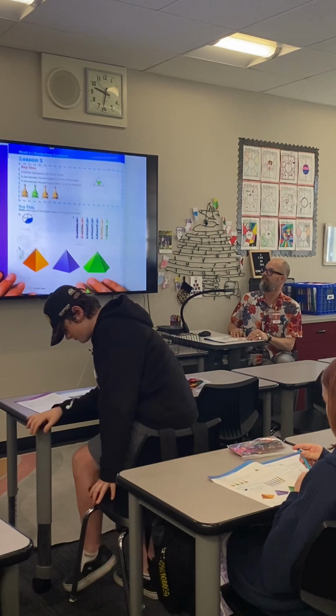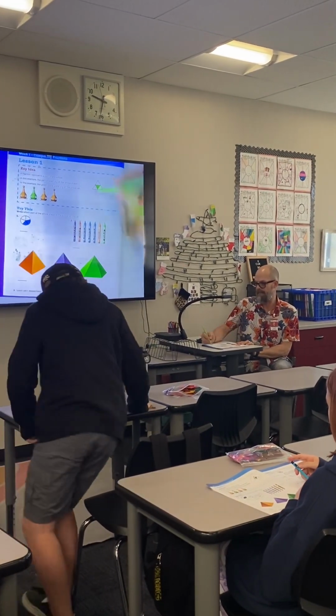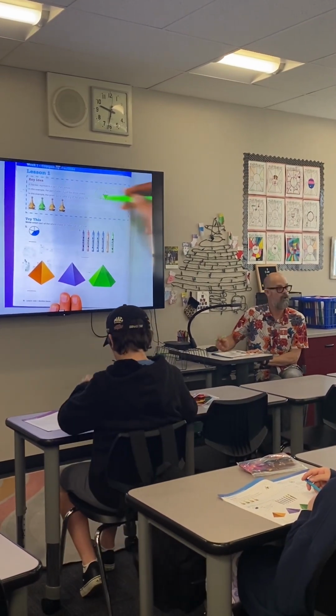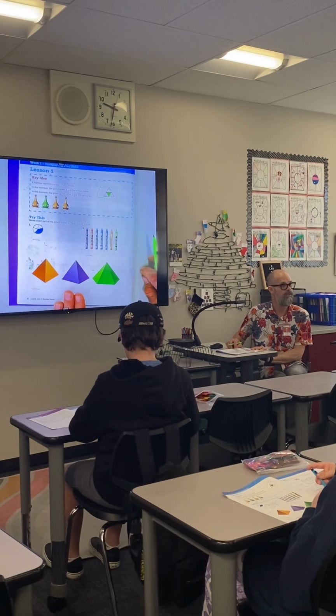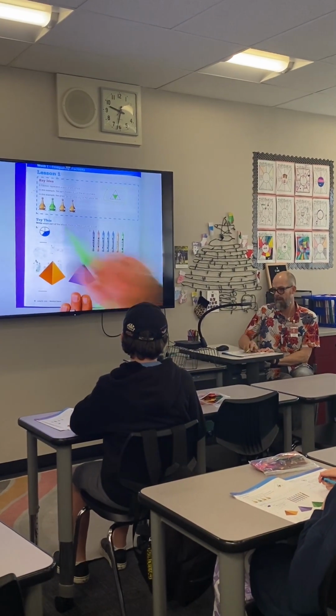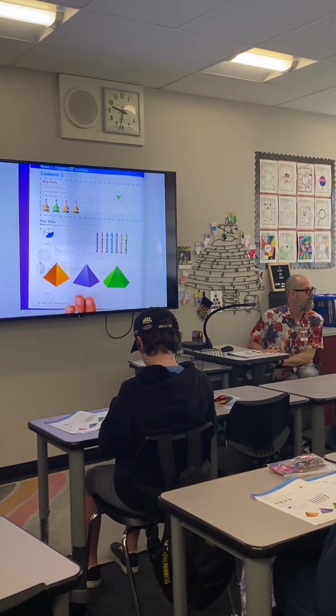We are on page 6, gang. In this example, the part shaded is 1/4 of the whole shape. Do you see this? Is this picture correct? It's 1/4 of the whole shape, right? We can do it with objects also.